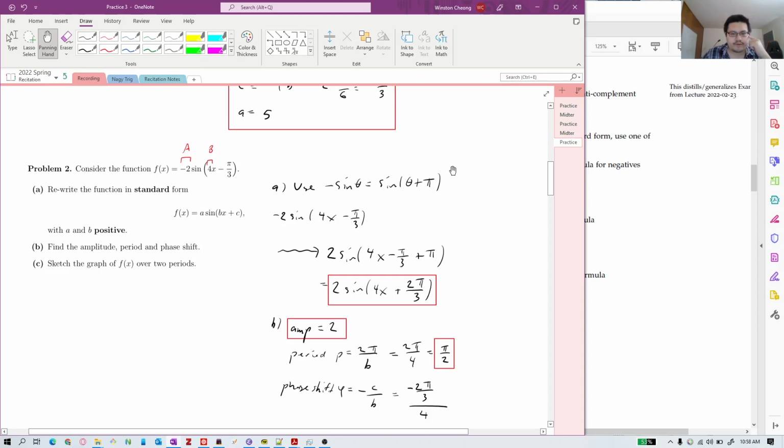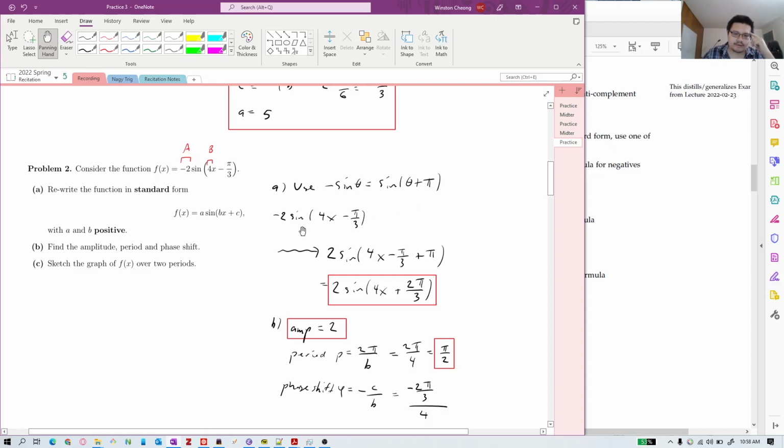Well, the way that we think about what this formula is doing is it's taking the negative in front of the sine function and absorbing it by tacking a plus pi onto the angle for the sine.